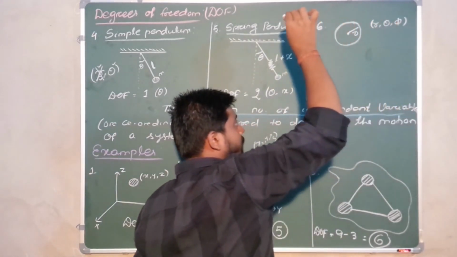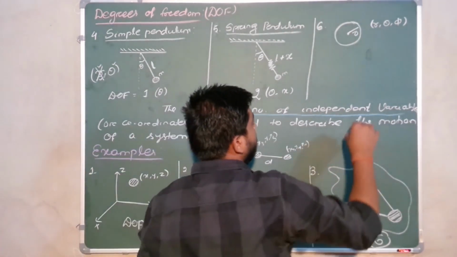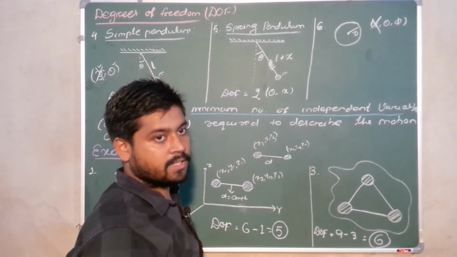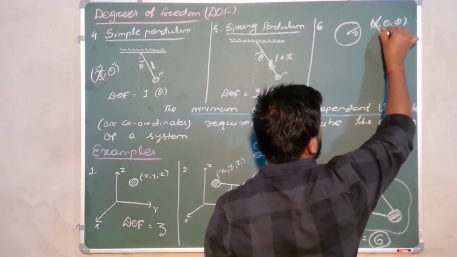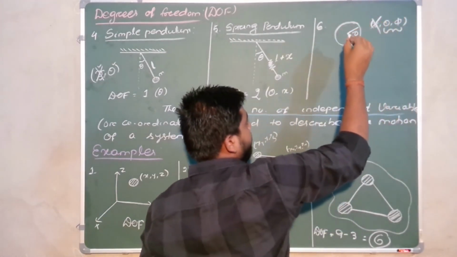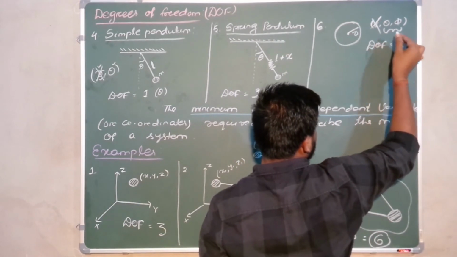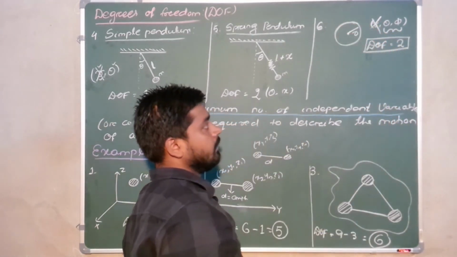Yes or no? Then we don't have to take it into consideration during the motion of the system. Then what is left? These 2 are left. The degrees of freedom is 2 here. Yes or no?